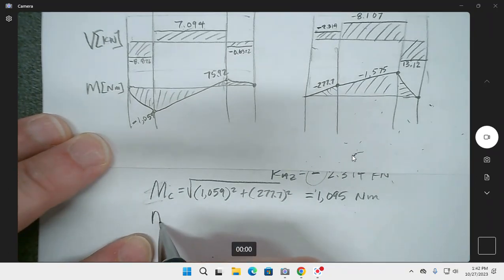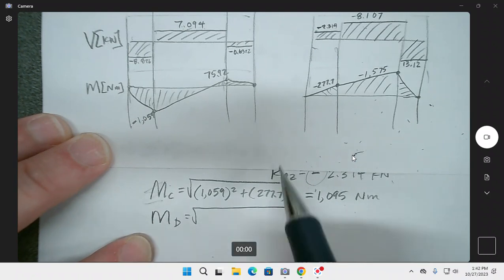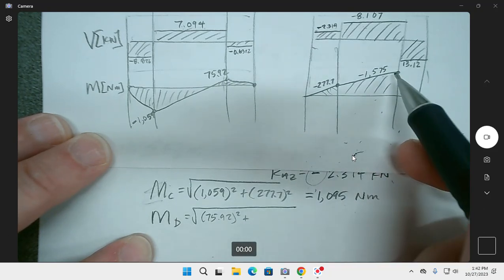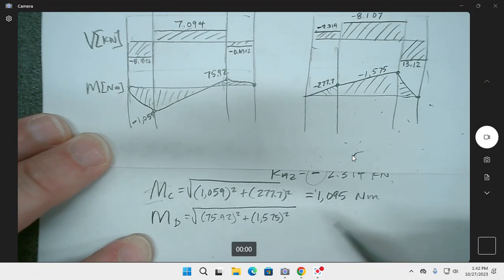And then if I did over here at D, same deal, 75.92, which isn't going to have any effect on this really, and 1,575 squared. So we end up with 1,575 Newton meters.